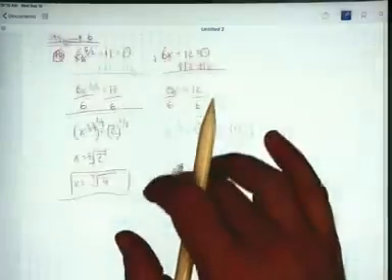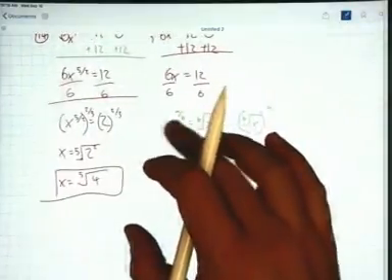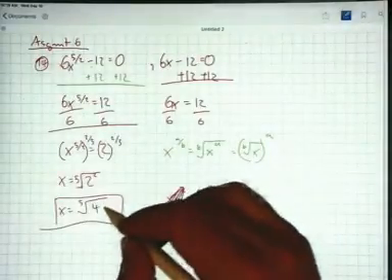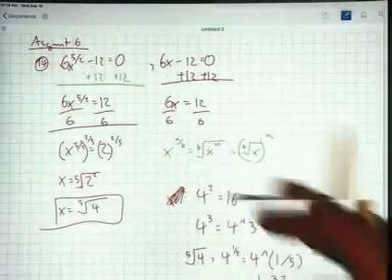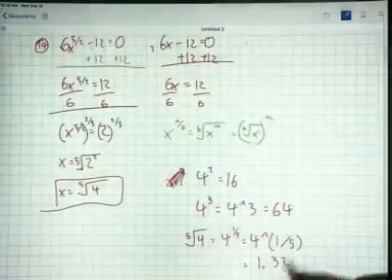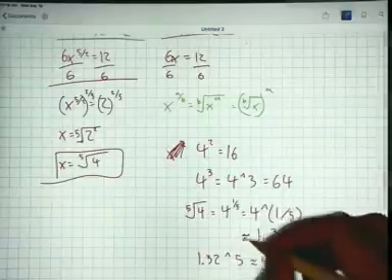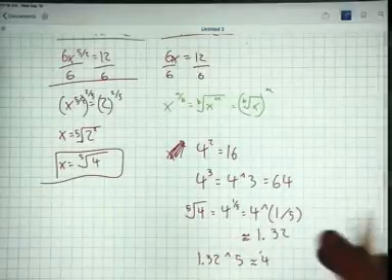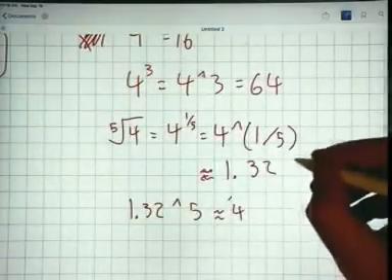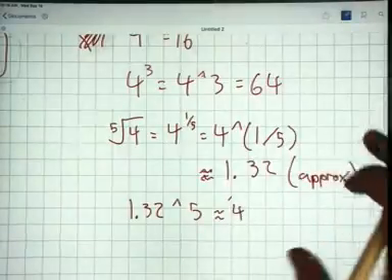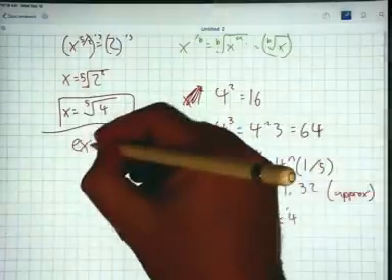Alright, so this is as simple as we can make this answer. I don't want the decimal number, because this is only an approximate. I want the exact answer. One of the things you're going to learn in this class is that this is approximate and this is exact.